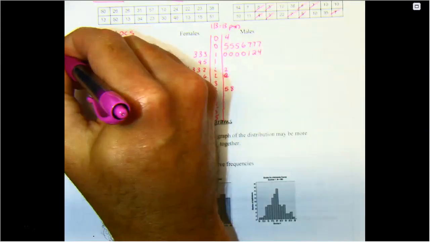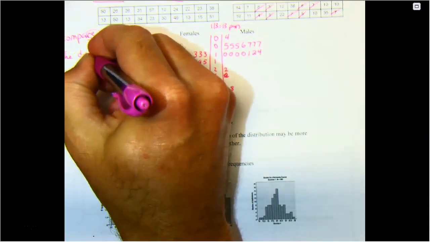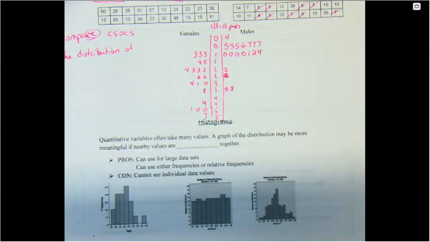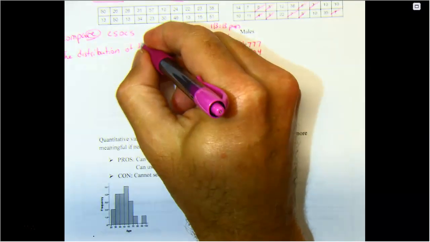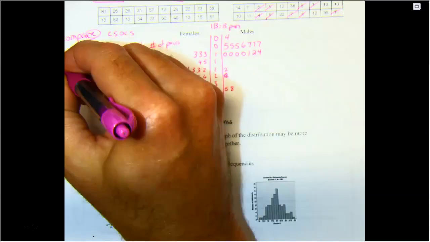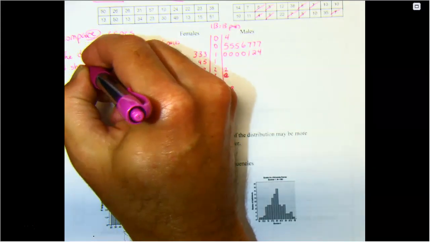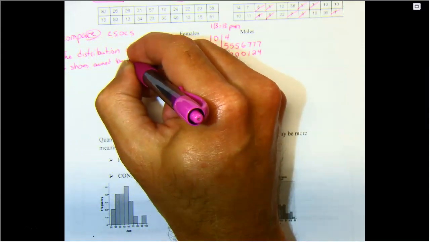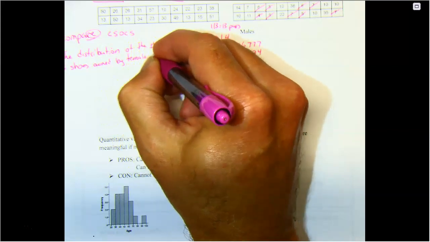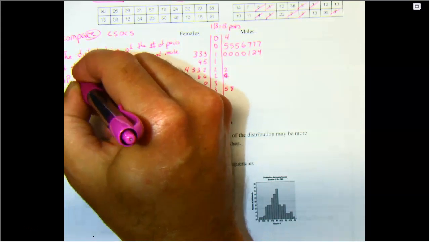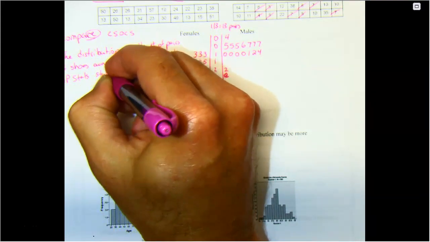Okay, context. The distribution of the number of pairs of shoes owned by female and male AP Stats students is, so all that took care of my context.